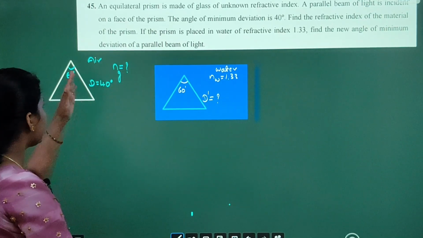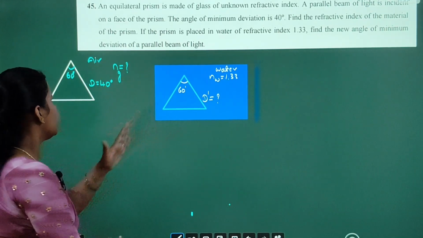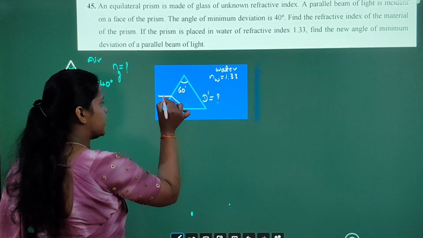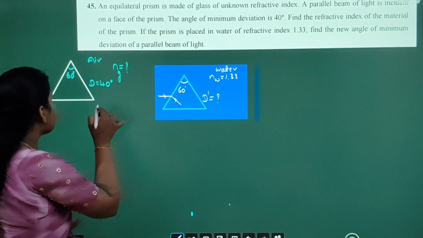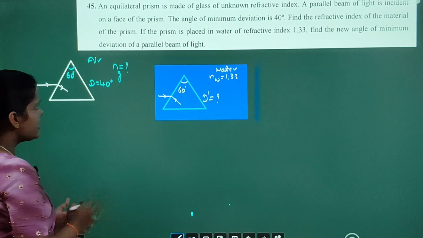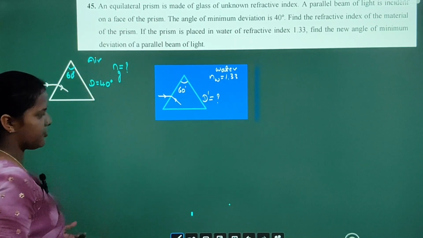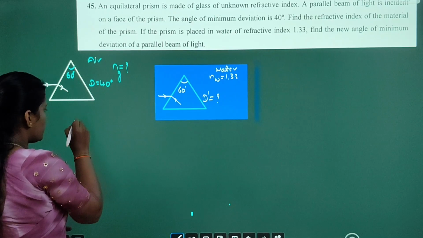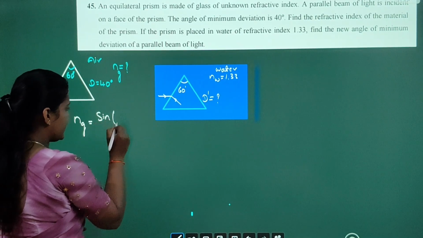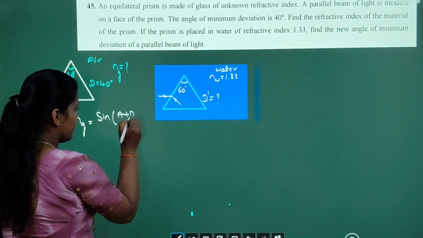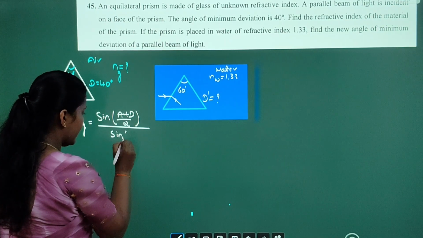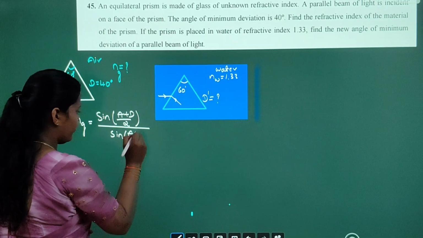Okay, here this is the air medium, this is the water medium. Here the light ray passes from air medium to the glass medium. First find out the refractive index of glass. What is the formula? Ng is equal to sine (A plus D) upon 2, whole divided by sine A by 2.